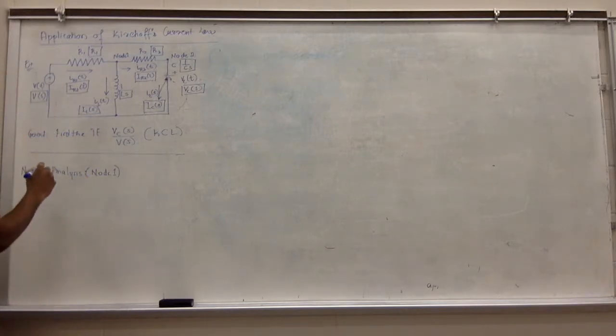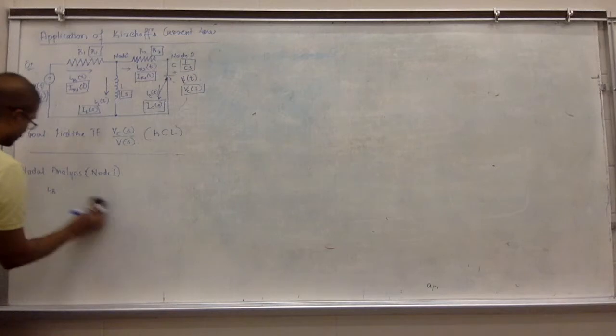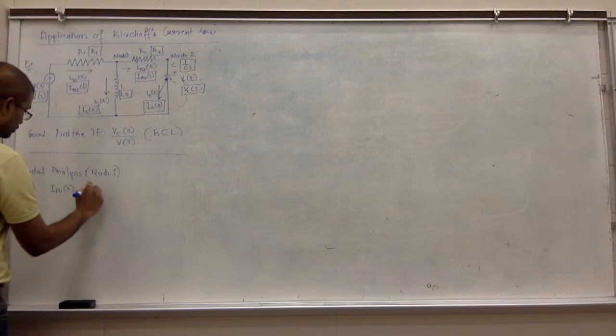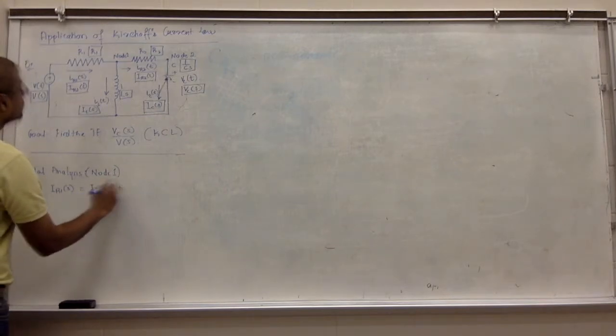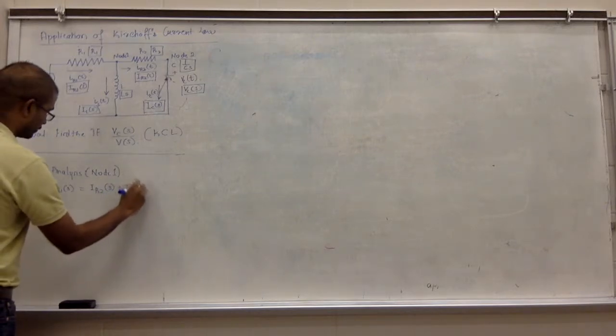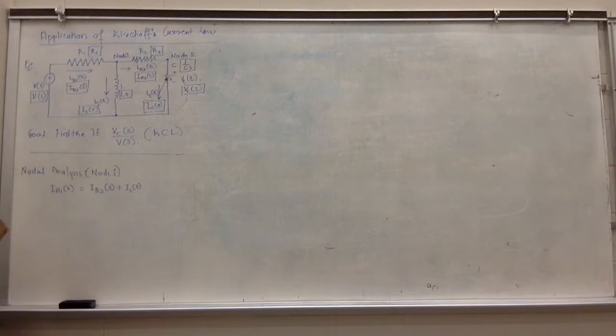What you want to see in node 1 is, written in terms of impedances or Laplace equivalents: IR1 of S is equal to IR2 of S plus IL of S. Okay.